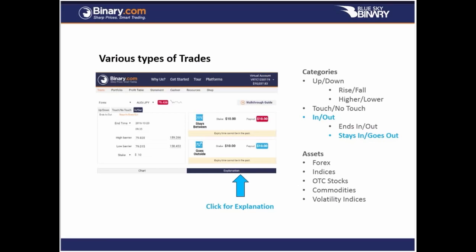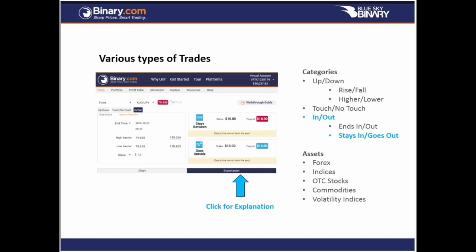So again, you may wonder what's the difference between those two options. Well, the difference is the time. We still have two barriers, but in the case of ends in, ends out, we want the price to end at a specific expiry time.